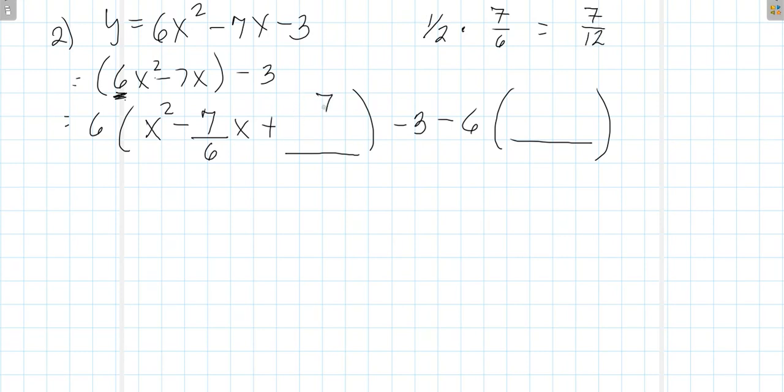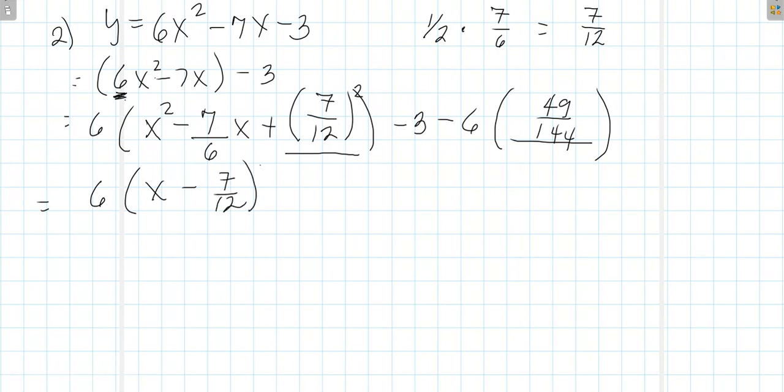And square this one: 7/12 squared. So 7 times 7 is 49/144. And then factor: x minus 7/12 squared, minus 3.